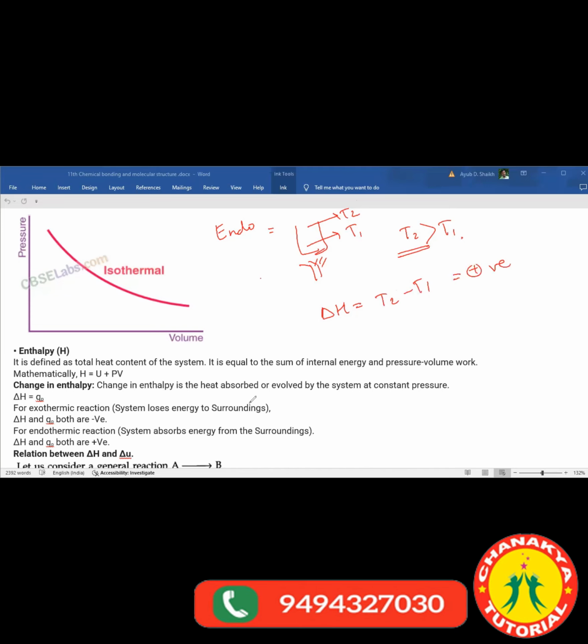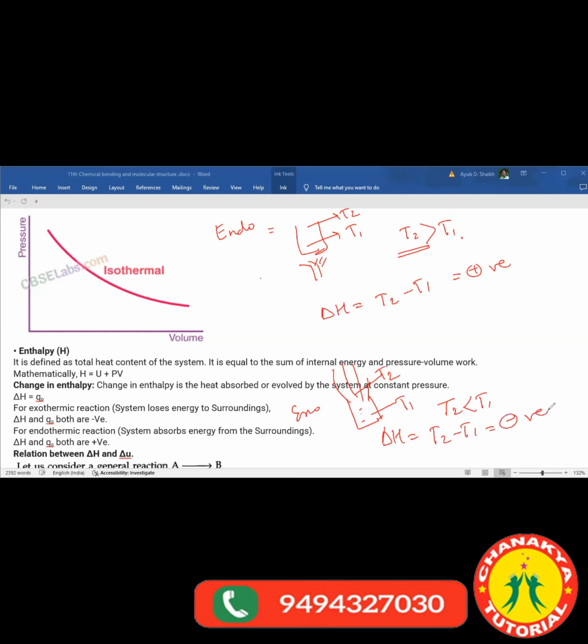Clear? And when it would be exothermic, what happened? There would be a certain temperature T1 already. When it loses the heat, after a certain time it becomes T2. In this case, T2 is less than T1. Correct? And hence the change in enthalpy delta H is equal to T2 minus T1.